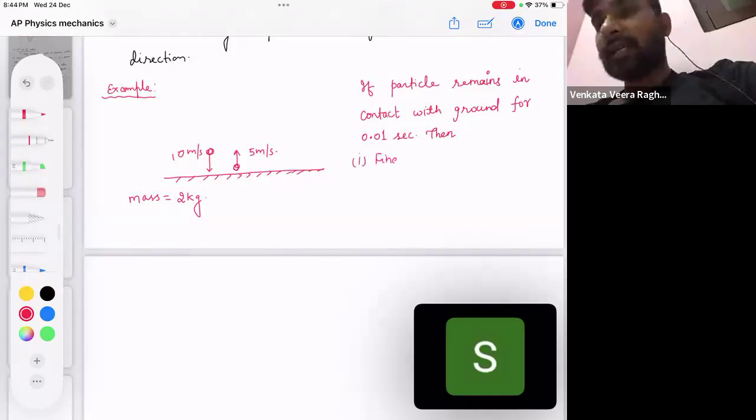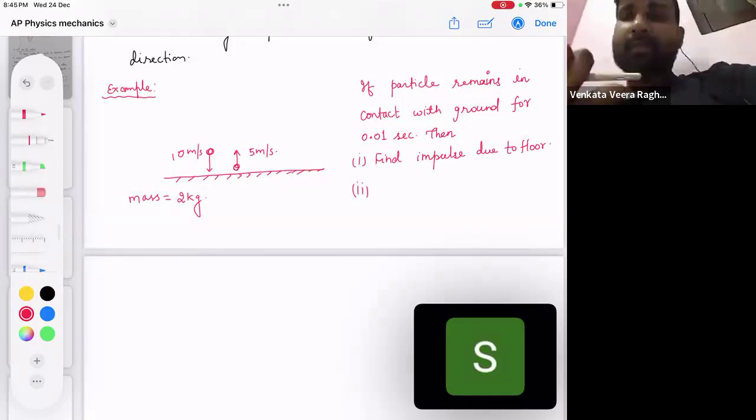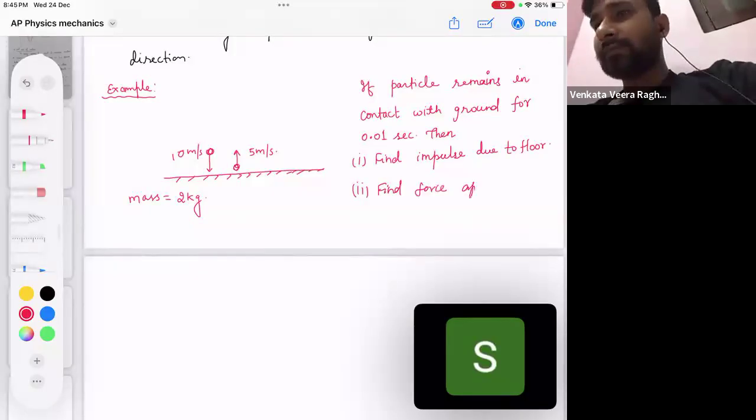Understood the question? How much impulse did the floor apply? And the second thing, find the force applied by the floor.